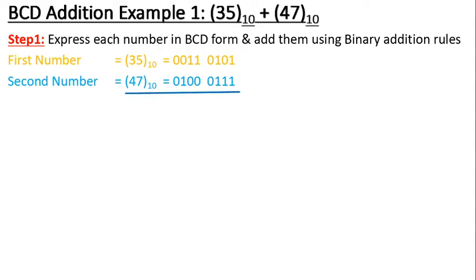Then next we have to perform the addition of their binary representations by using binary addition rules. So step by step, right from the LSB bit, that addition is to be performed by using binary addition rules, which we have studied in the earlier lecture.